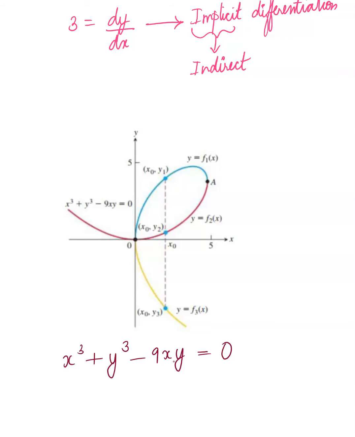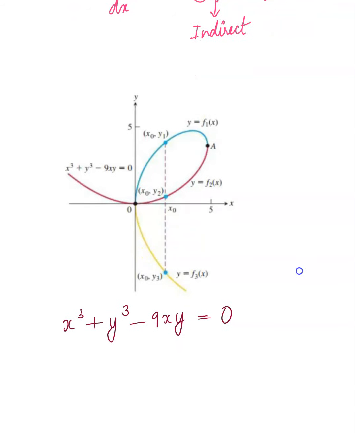So you will have to differentiate this implicitly like this. You'll have to write, because you're differentiating with respect to x, x is the variable. So that will be 3x squared because that's directly x. But this one is y. So you'll have to say 3y squared, the chain rule, right? So 3 is the power, that's outside, this is inside. I say inside because y is not x, so you cannot directly get it.